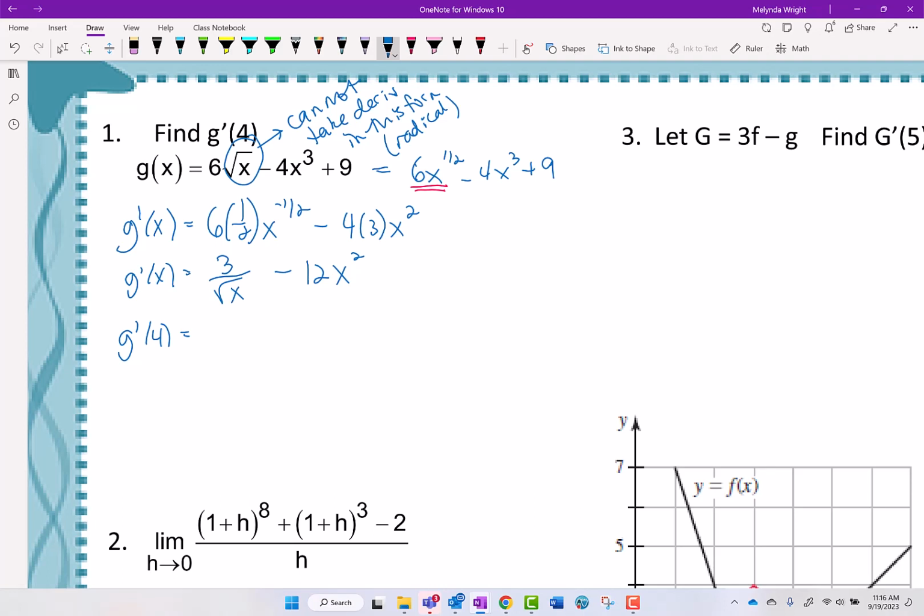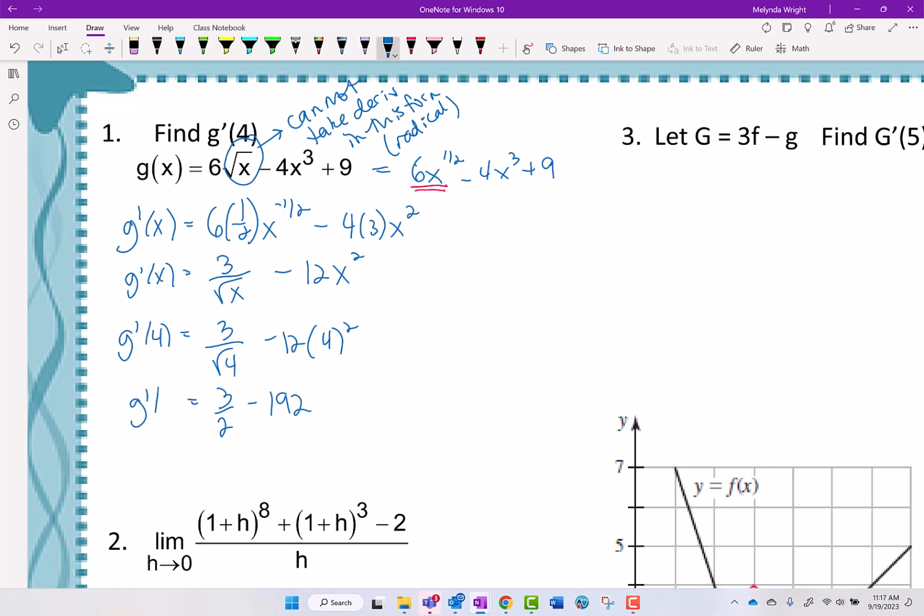So yes, it went to 0. It's gone. It's sad, but it's gone. Okay, now I'm going to plug in the 4: 3 over the square root of 4 minus 12 times 4 squared. And that is 3 halves, and 12 times 16 is 192.